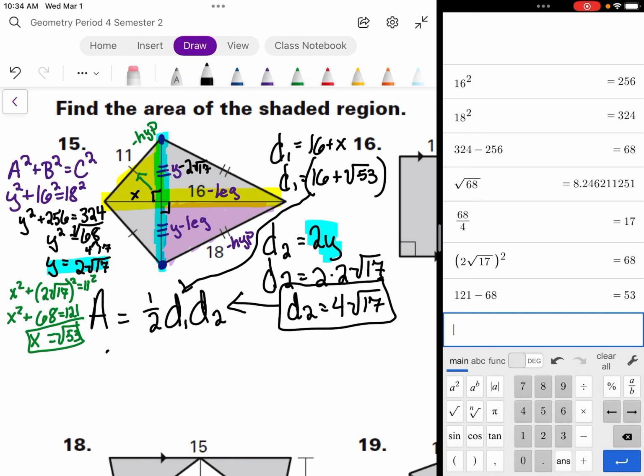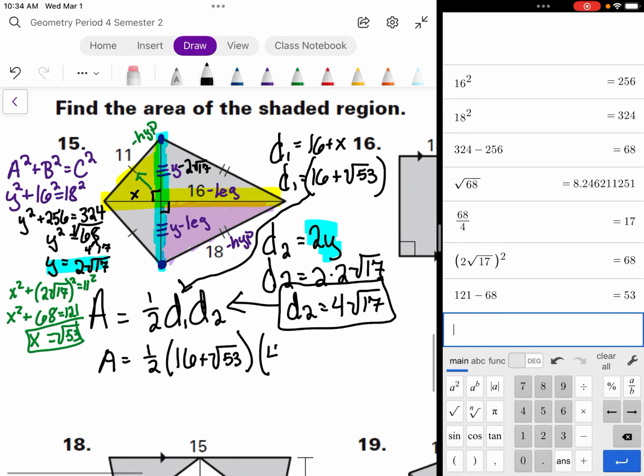So now we know that the area is equal to 1/2 times the 16 plus the square root of 53 times 4 square roots of 17. And we're just going to type all of this into our calculator, and we can round to 1 decimal point. 16 plus the square root of 53.